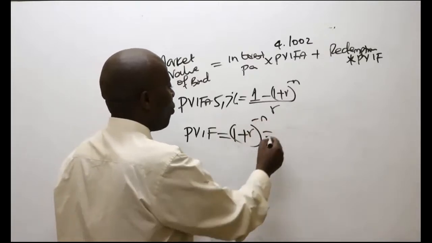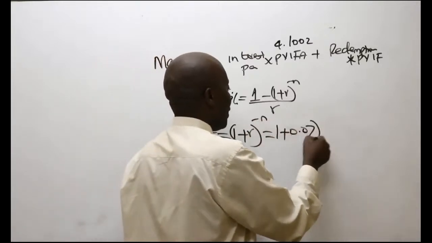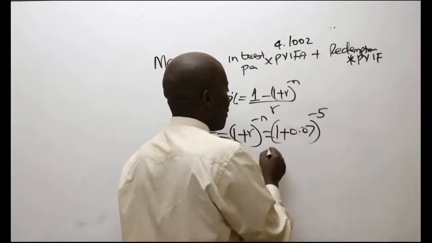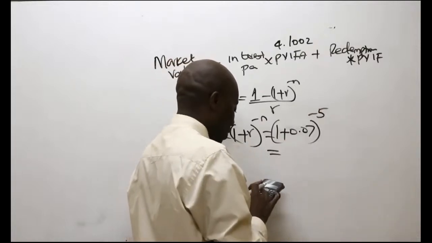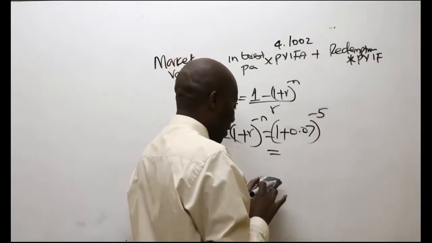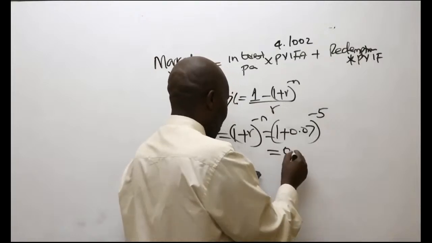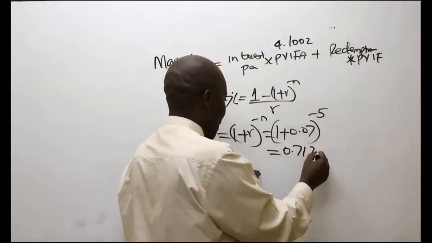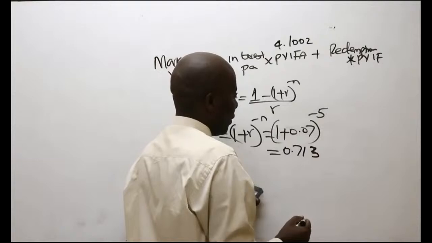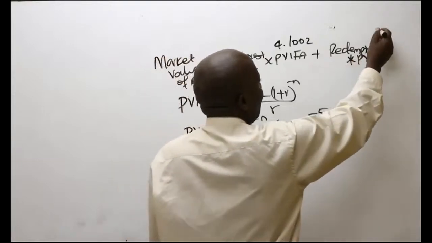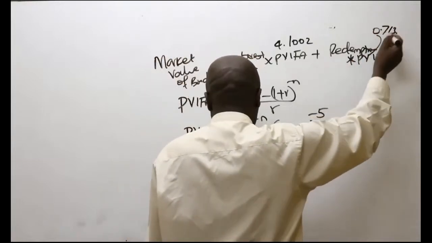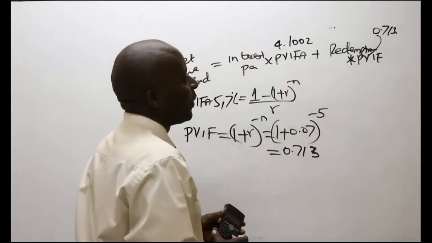So this will be 1.07 raised to negative 5, which will be 0.713. So come and hide this figure here. Thank you very much.